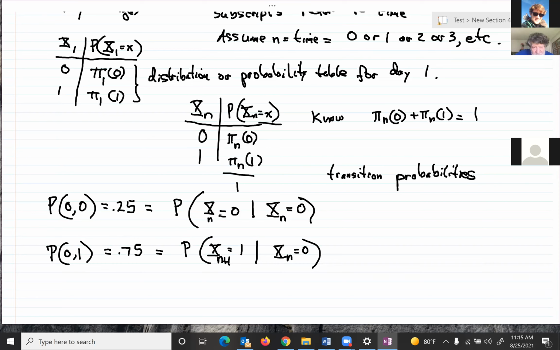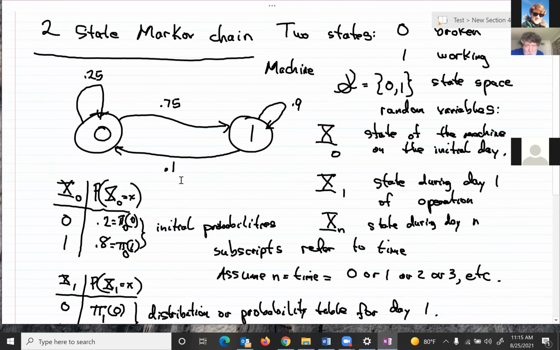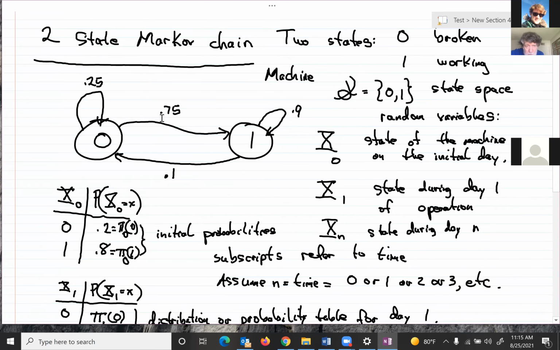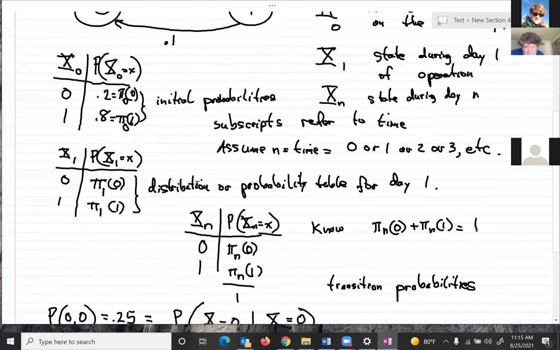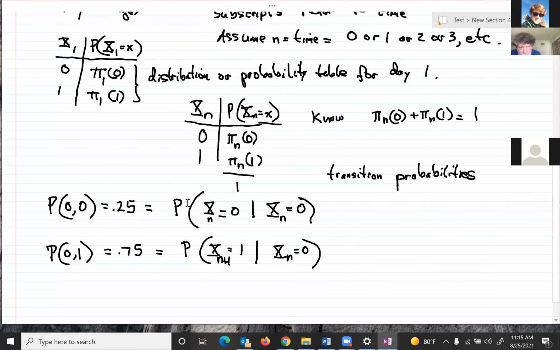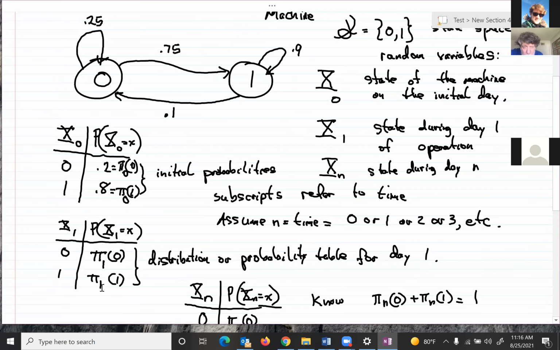Okay. Now, in general, there's 2 more to do. Each of these correspond to the transition arrows that we have pictured here. So we've talked about the 0.25 and the 0.75. The other 2 is going from 1 to somewhere. So if we're starting at 1, and we're next day going to be broken, so we're going from a working condition to a broken condition, the chance of that happening from what we assumed in our picture was just 0.1.